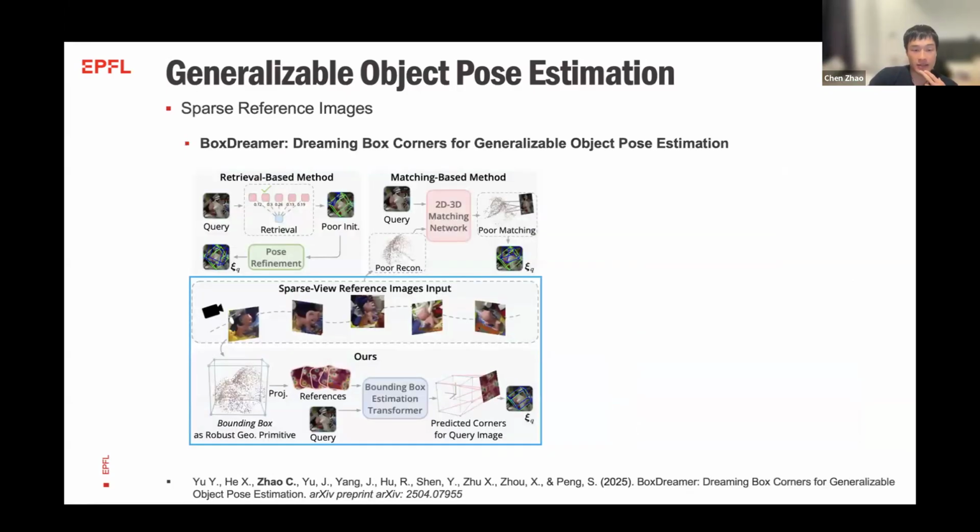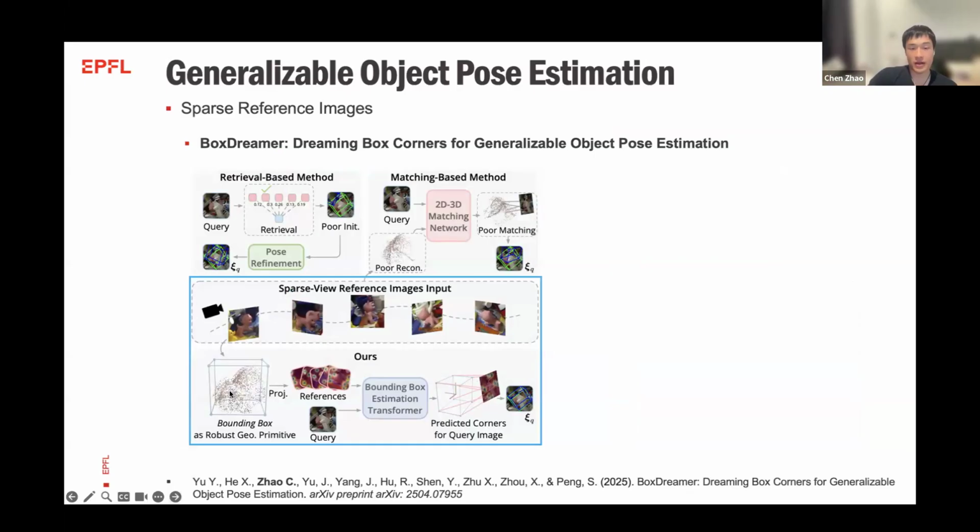Okay, so for the second setting, sometimes we may not have access to dense view images as reference. We may only have sparse views. For example, here we assume that we only have 5 images by default. So given these 5 images, we can run a 3D reconstruction algorithm like structure from motion.